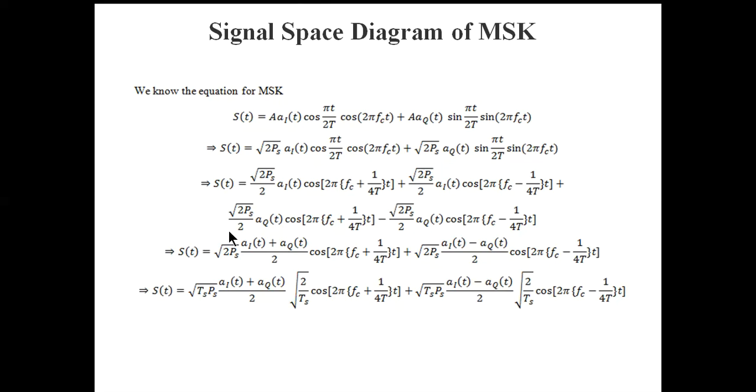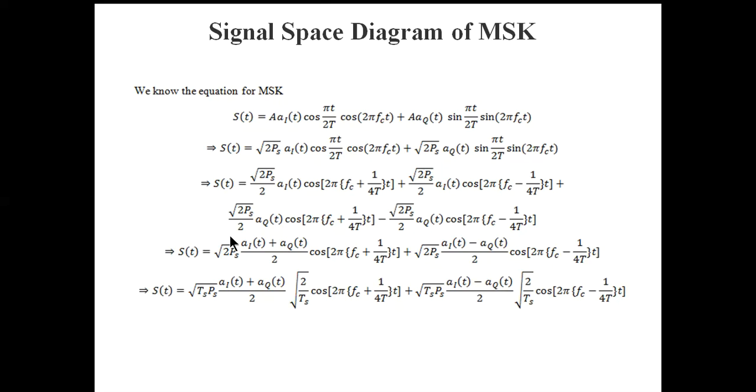Now we already know that if we want to draw the signal space diagram, we first need to express it in terms of energy. As we know, Ps into Ts equals energy, that is Es. So we need to express it in terms of Ts.